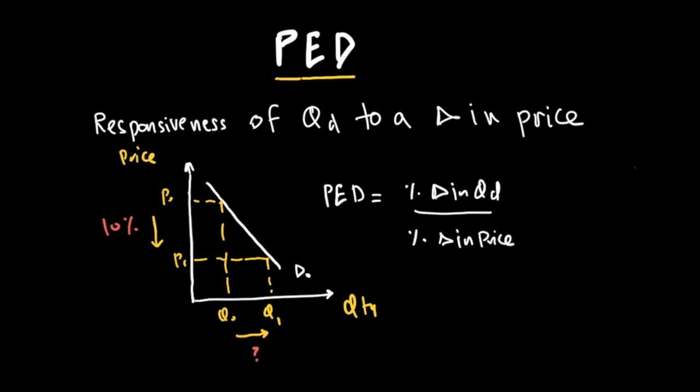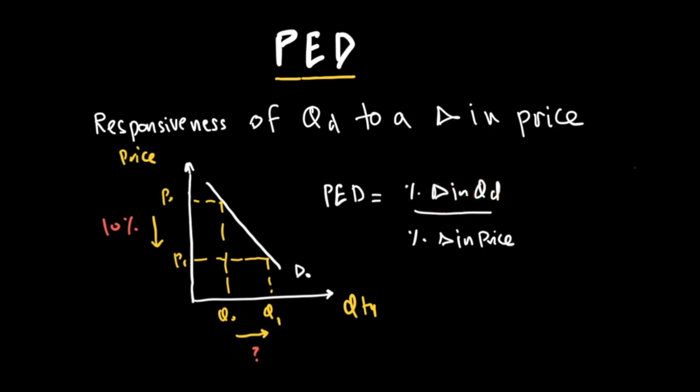So if, for example, PED has a particular value, let's say 0.5 or 0.6 or whatever, and I give you a change in price, let's say 10%, we can find out the change in quantity demanded.